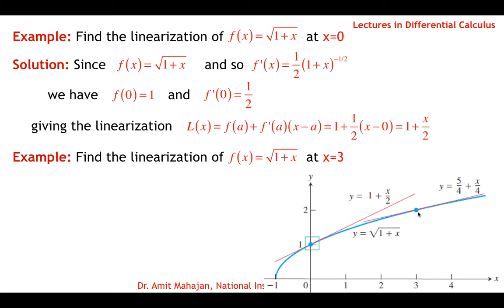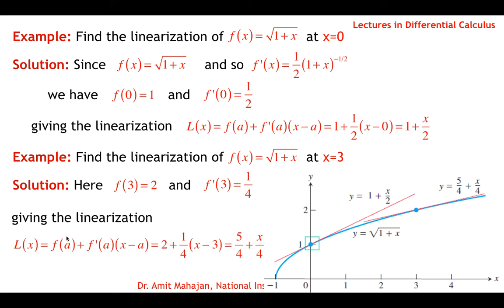At x equals 3, if we draw the tangent, what is the equation of the tangent? We have already calculated f of x and f dash of x, so we calculate f of 3 and f dash of 3 by putting x equals 3, and then use the linearization equation to write that L of x is 5 by 4 plus x by 4. So this is the tangent equation, and we can approximate the function by this straight line.